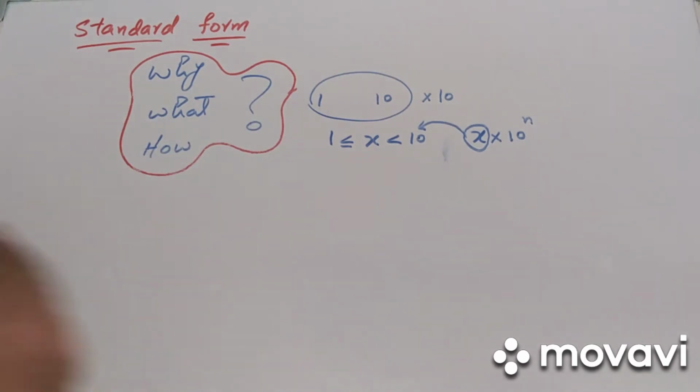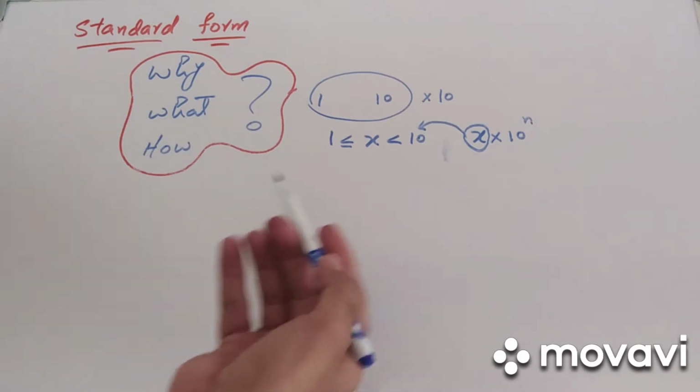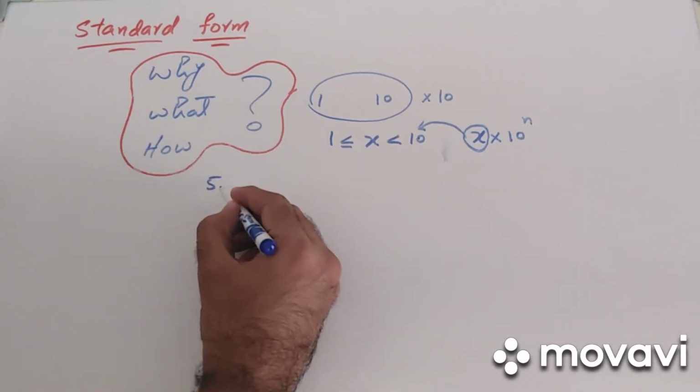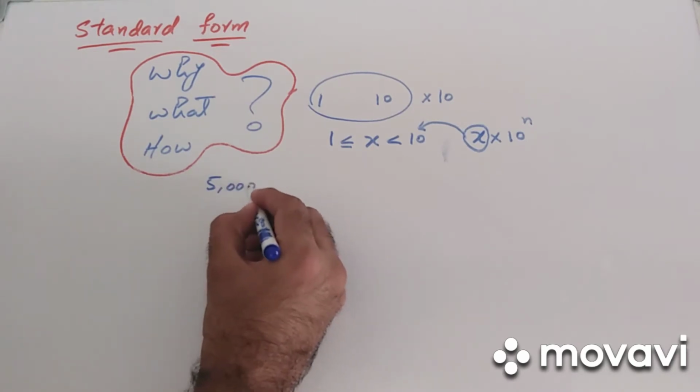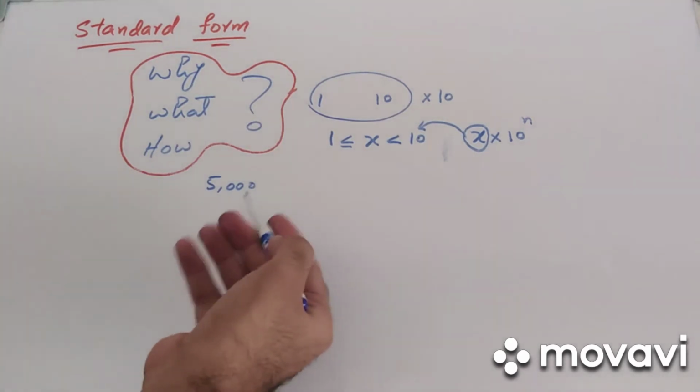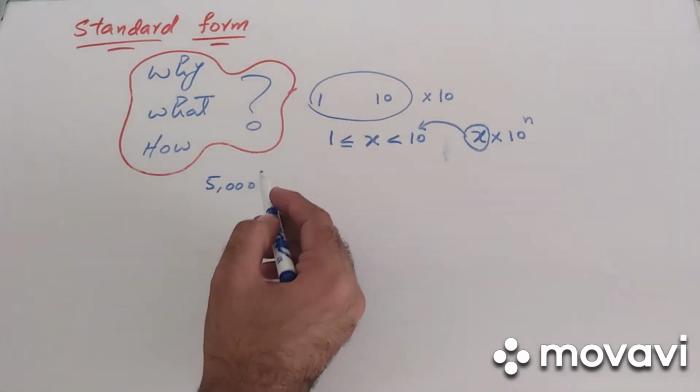For example, I'll pick a random easy number. Let's say I have the number 5,000. Of course it's not that big, but just to start the concept, I'll give you a small number.